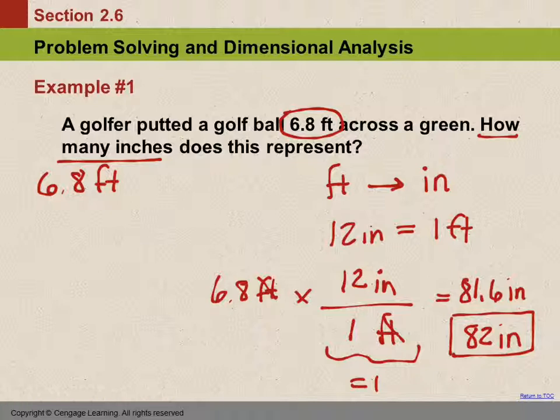We also have to ask ourselves, does the answer make sense? Which unit is larger, a foot or an inch? A foot is a larger unit, right? So here we have the larger unit, and 6.8 is the smaller number. Over here, we have the larger number, 82, and the smaller unit.